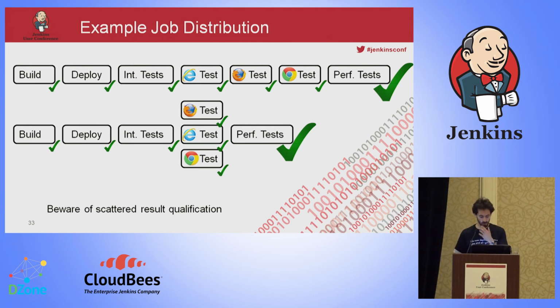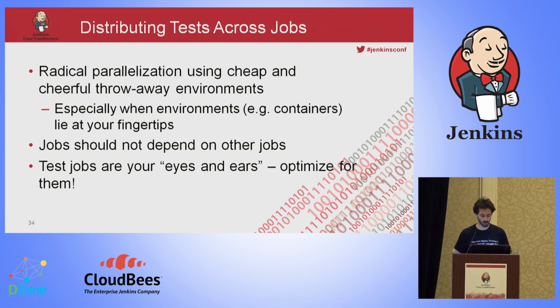One challenge with this that we'll talk about in a sec is the scattered result qualification. But before I get to that, think radical parallelization. The mindset we had, by force, was that environments were expensive, took a long time, were very brittle, and were used by all these different teams. It made sense to push all the environment-specific tests way to the end because they were so risky and costly and time-intensive to set up.